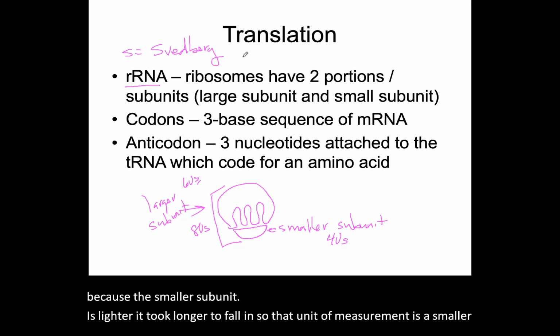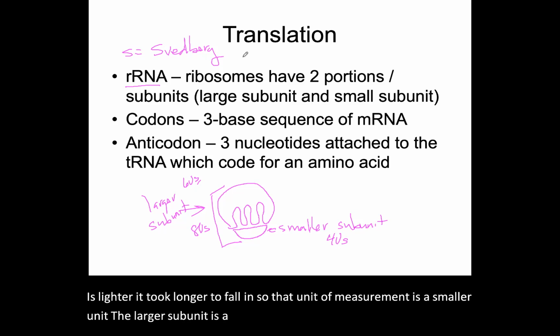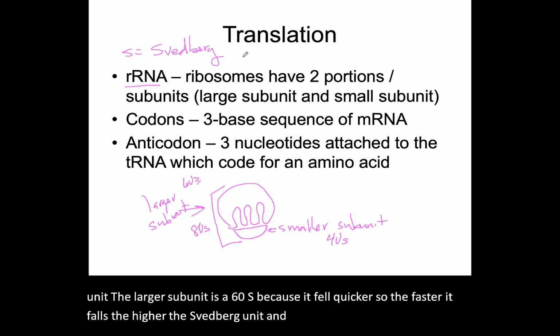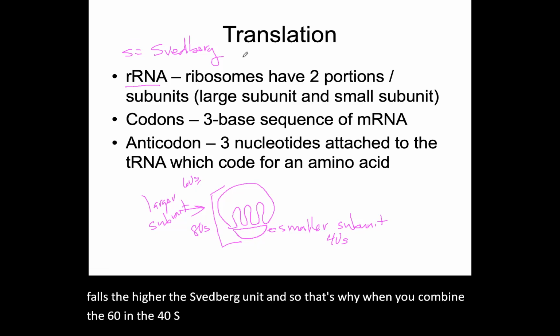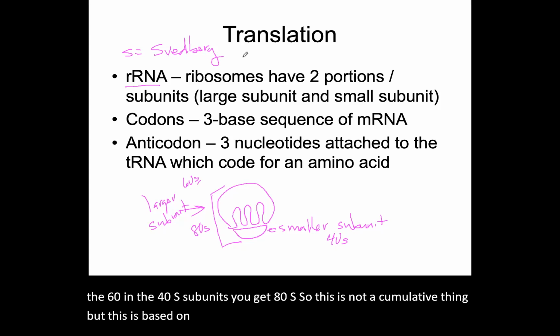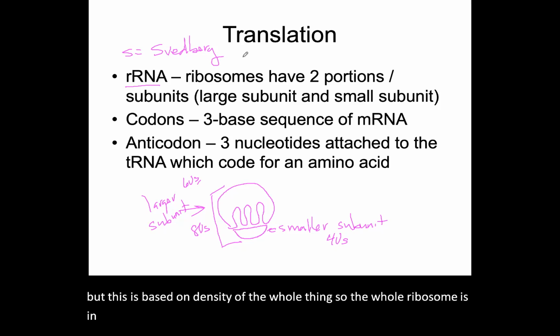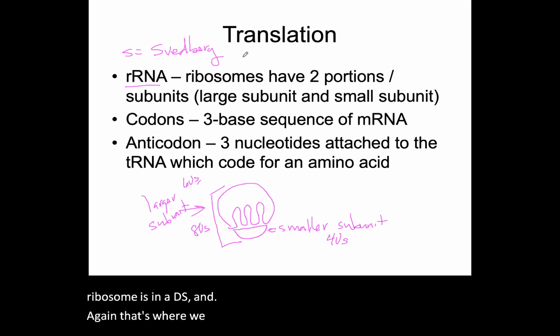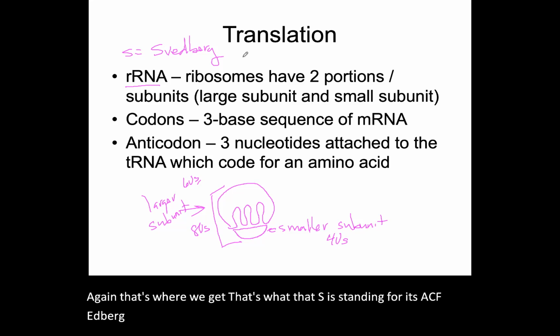The larger subunit is a 60S because it fell quicker. So the faster it falls, the higher the Svedberg unit. That's why when you combine the 60S and the 40S subunits, you get 80S. This is not a cumulative thing, but is based on the density of the whole thing. So the whole ribosome is an 80S, and that's what that S is standing for. It's a Svedberg unit.